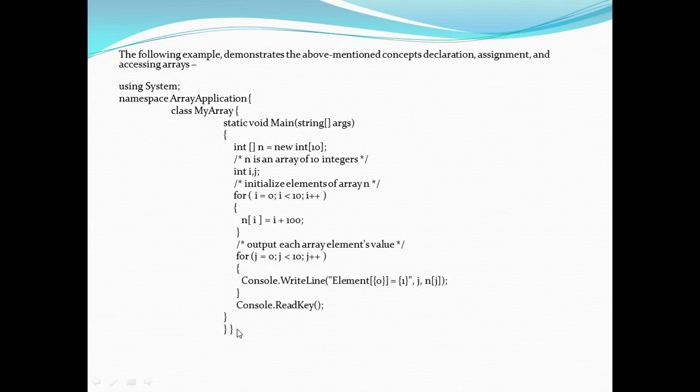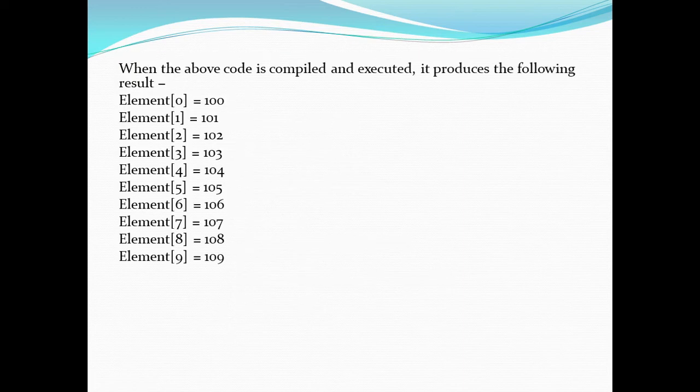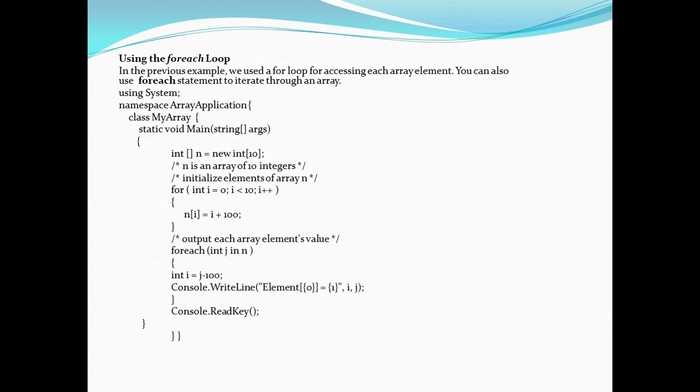आफ्टर एग्जीक्यूटिंग दिस एग्जांपल वी विल गेट द आउटपुट एज लिस्टेड हियर. Element 0, 1, 2, 3 up to 9, the values are printed as output. Now let us discuss the for each loop with array.